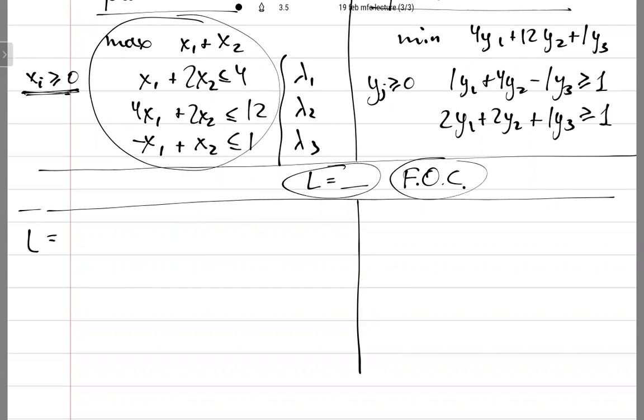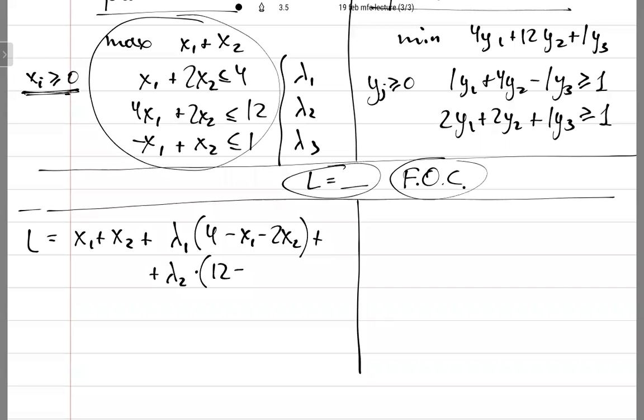So my Lagrangian function will be x1 plus x2 plus lambda 1 times (4 minus x1 minus 2x2) plus lambda 2 times (12 minus 4x1 minus 2x2) plus lambda 3 times (1 minus (minus x1 plus x2)).